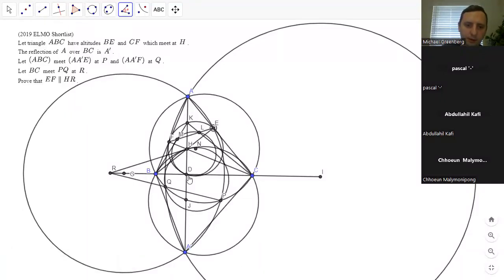So let me check if that's true, but I think there's like a lemma that says that those are equivalent. Yes. So if we can show angle FDM equals angle ELD, that would solve the problem, I believe.